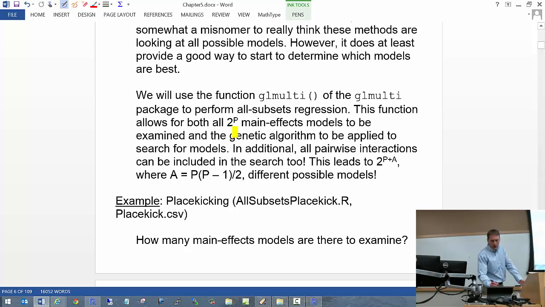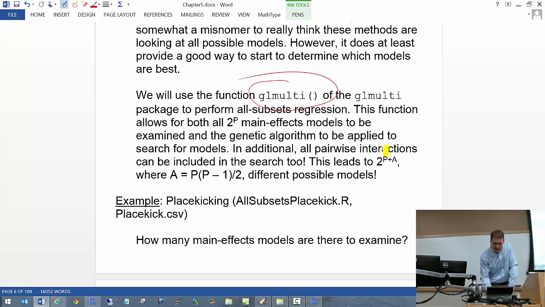So the function that we're going to use to do this is called glmulti, and it's in the glmulti package. There are actually other packages that do some of this stuff too, but this is the one we found was the best when we were writing the book. One of the nice aspects of it is it can automatically include interactions too. Pairwise interactions, that is.